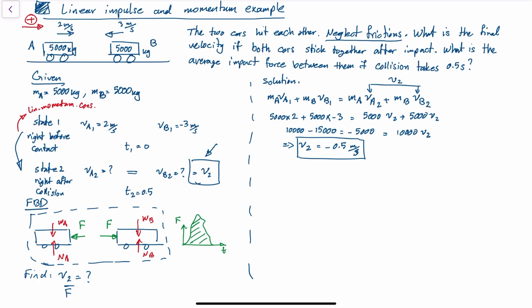So that's very good. And the other part is finding this F average. To do that, we can look at any individual one of these cars. For simplicity, I can look at car A, and I know that car A starts from some momentum, it ends at a momentum, and now I know the final velocity.